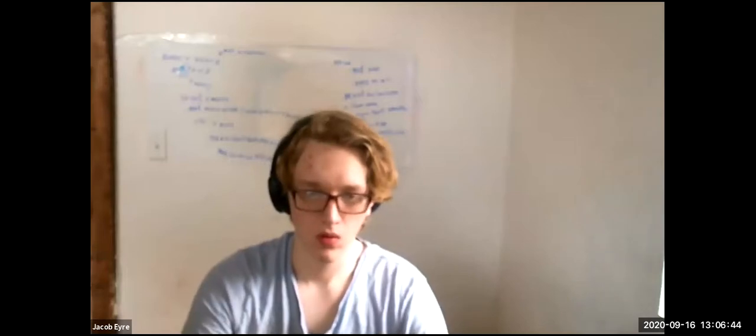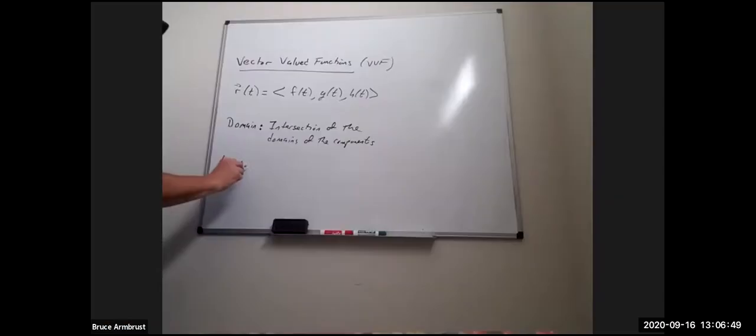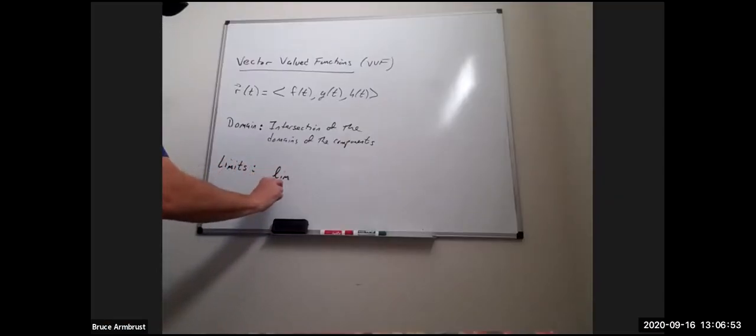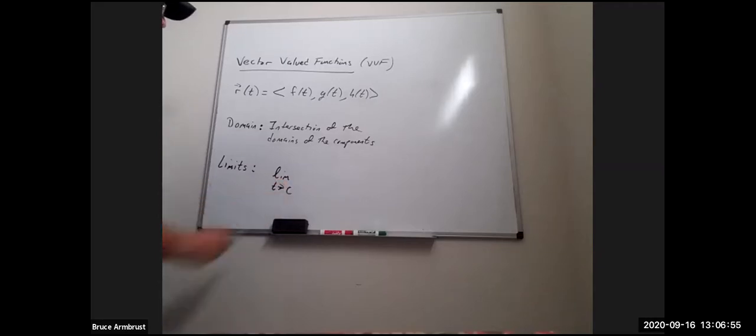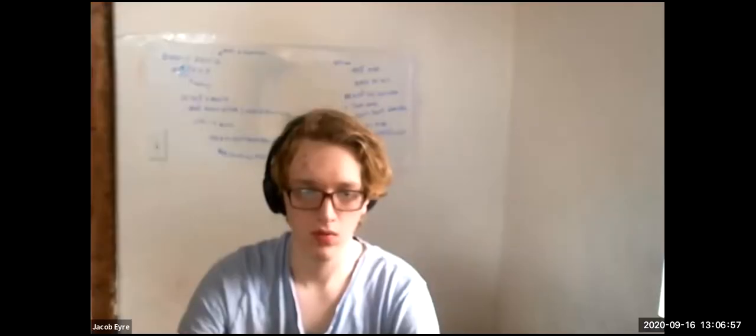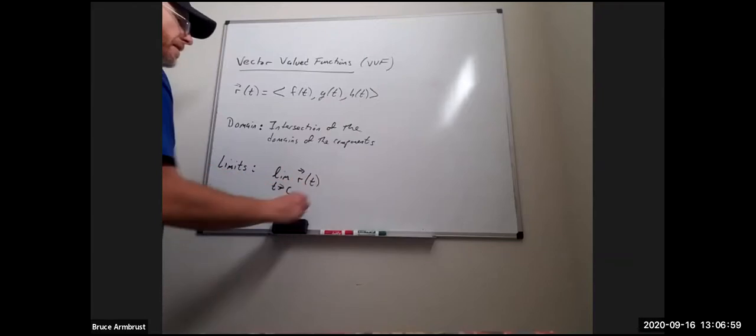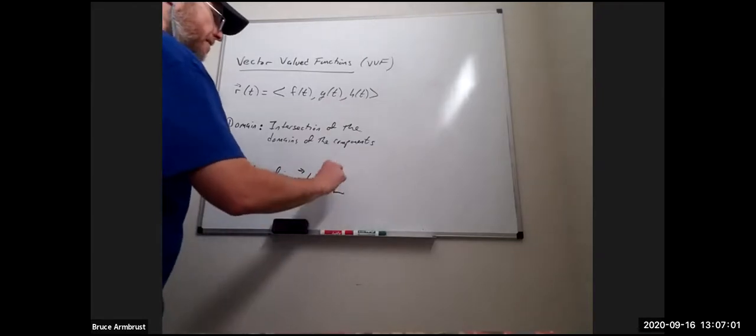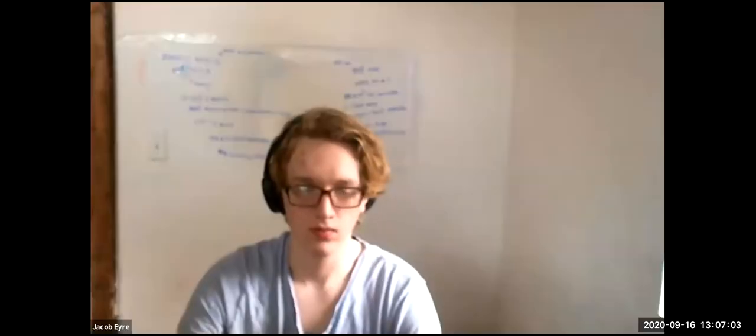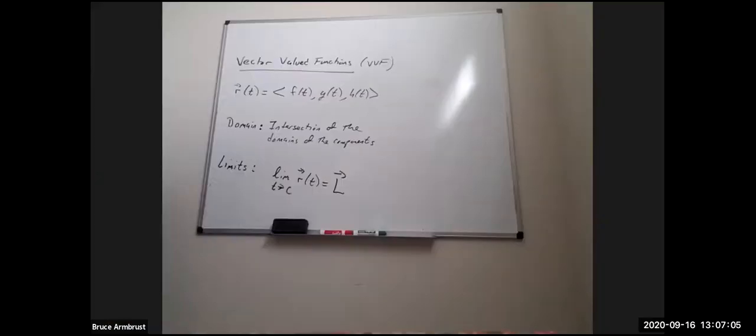And then we looked at the limit. The idea here is that we're taking the limit as t approaches some value, we'll call it c, of r of t, and it equals a vector. Just to be generic, I'll call it a capital L for limit. So it's my limit vector.